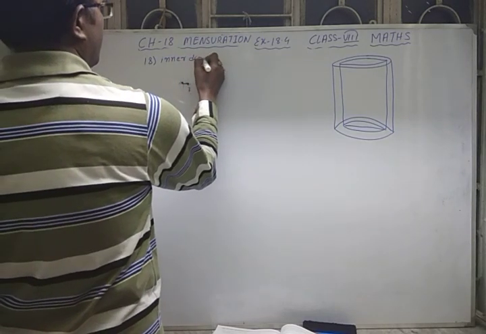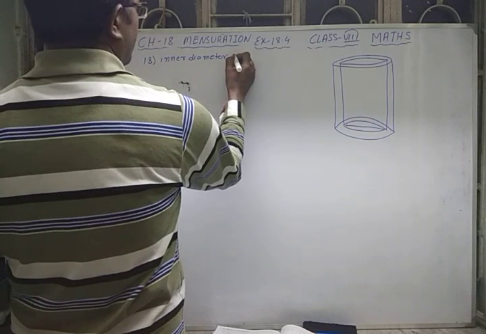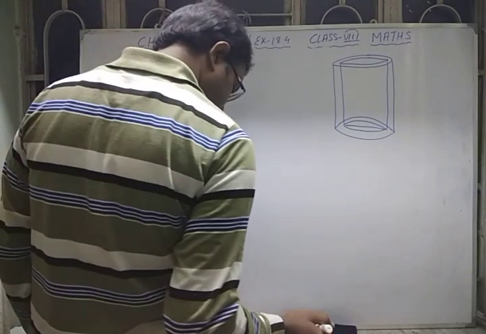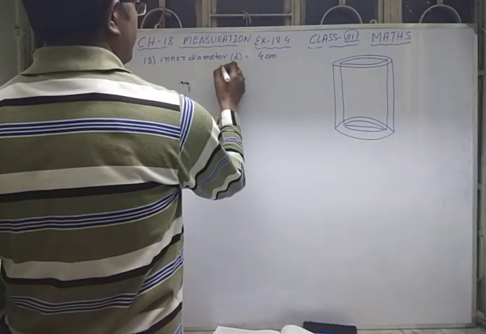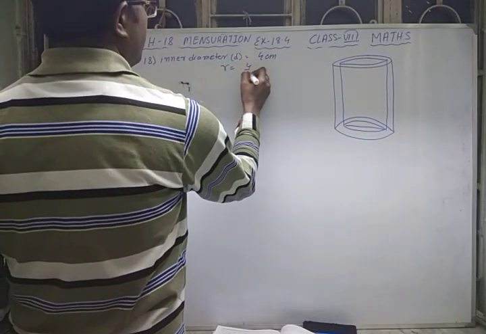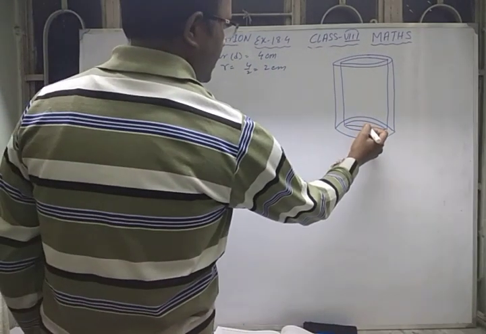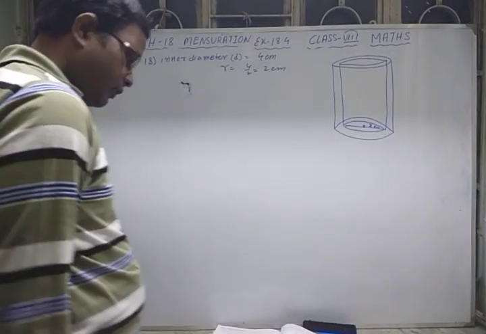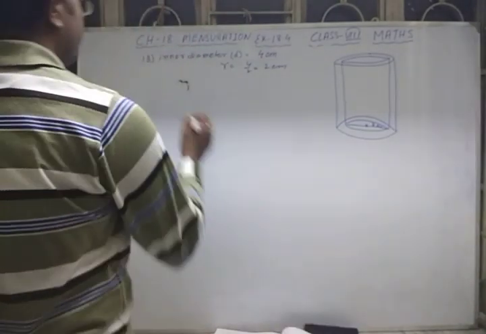Inner diameter, small d you take as 4 centimeter. That means small r equals 4 by 2, that is equal to 2 centimeter. Okay, so the radius here is 2 centimeter. Now it is said that the outer one is 4.4 centimeter.